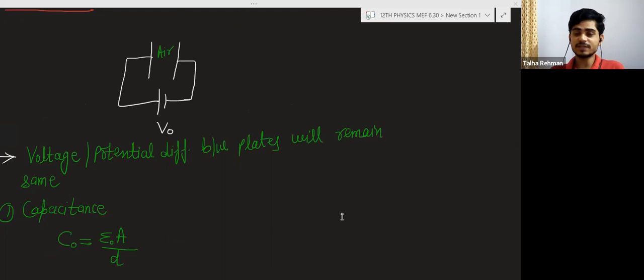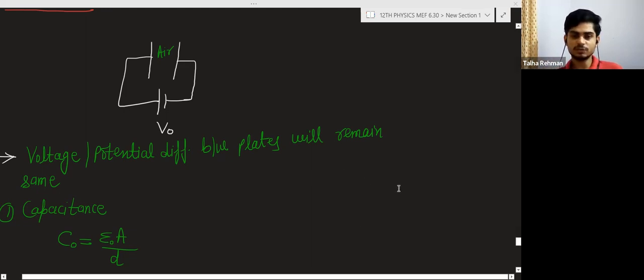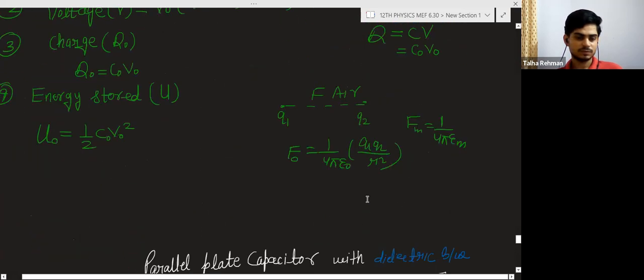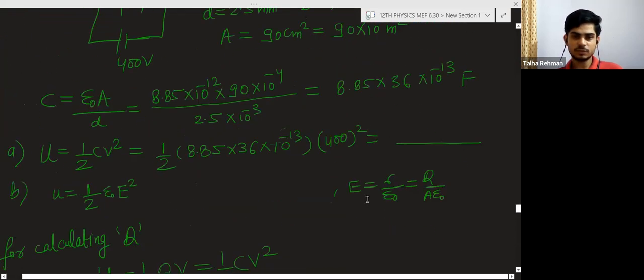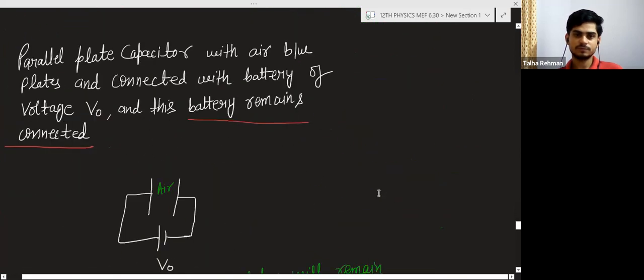You should understand how to calculate the charge. Write the formula. What is the formula for charge? Charge Q is equal to capacitance into voltage. If I am calculating the charge in a medium, then I will take the capacitance of the medium and the voltage in the medium. So that's how you can calculate. Please note it down from here.